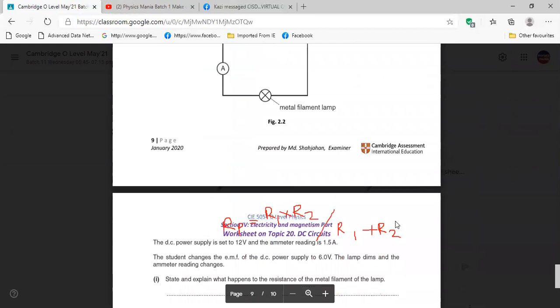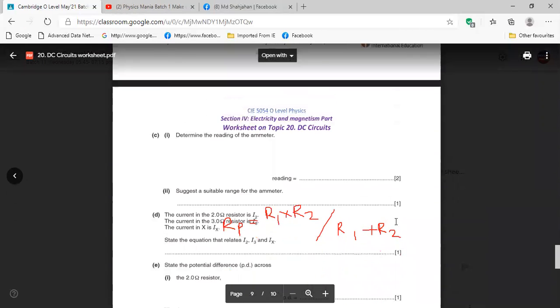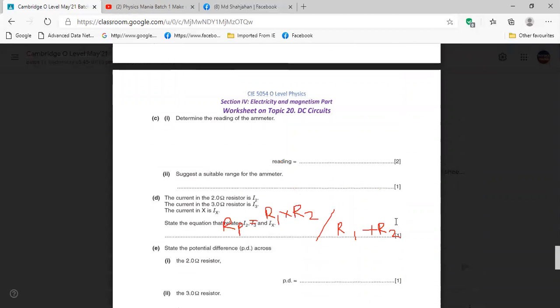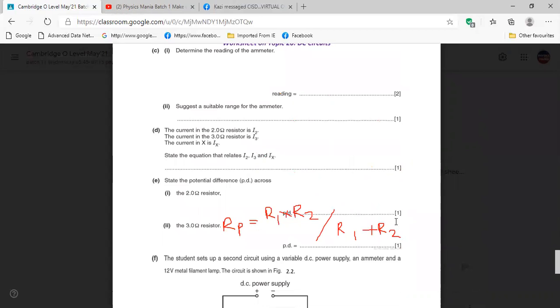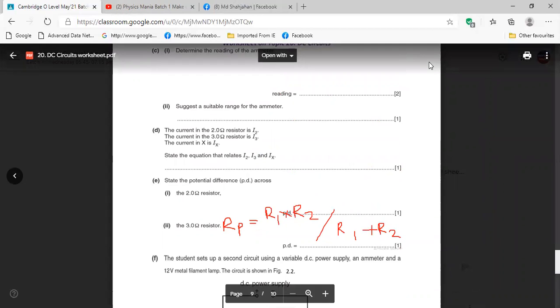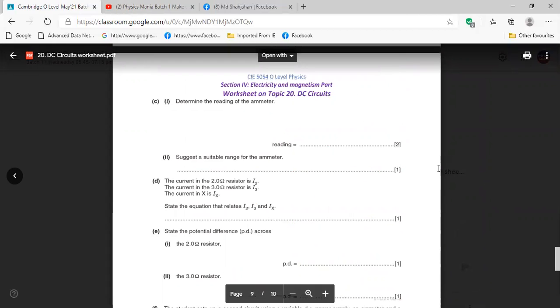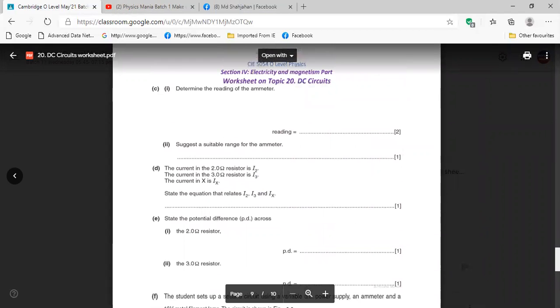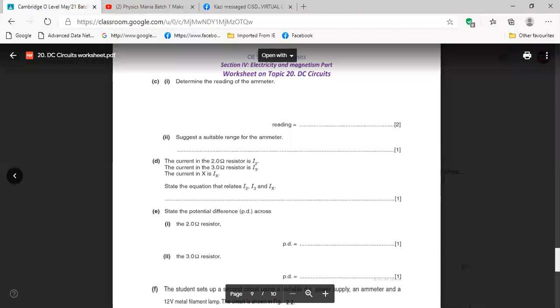We are almost done, but if we cannot finish, then I will upload the mark scheme. Should I start a new topic? Yeah, you can start the new one, practical electricity. I will upload the notes and the worksheet also.